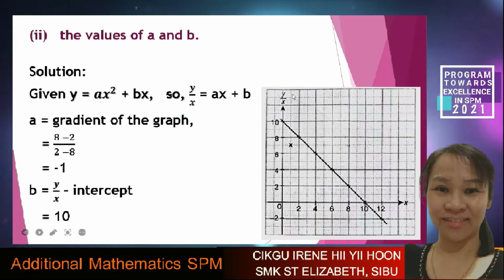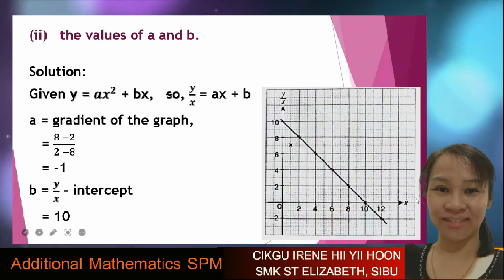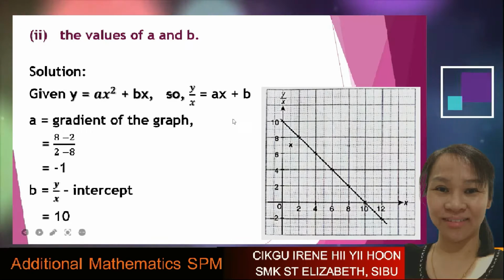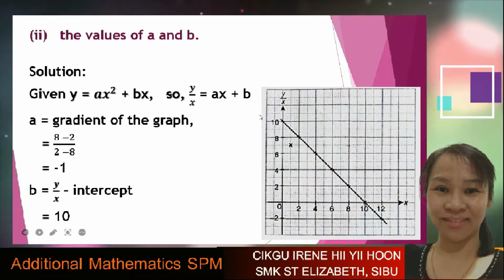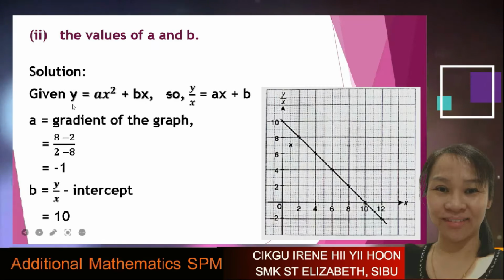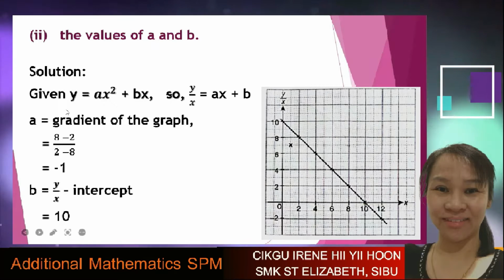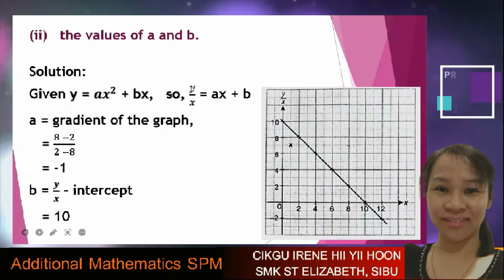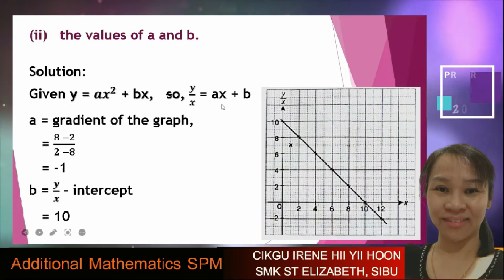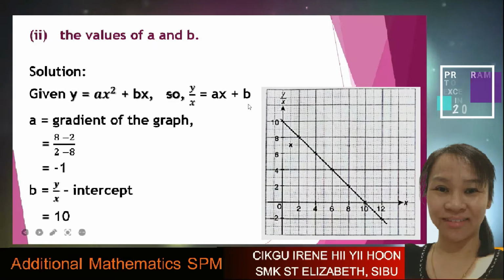So a graph of y over x against x is plotted. So we must form the linear equation by dividing both sides by the variable x. Then the linear equation is y over x equals ax plus b.